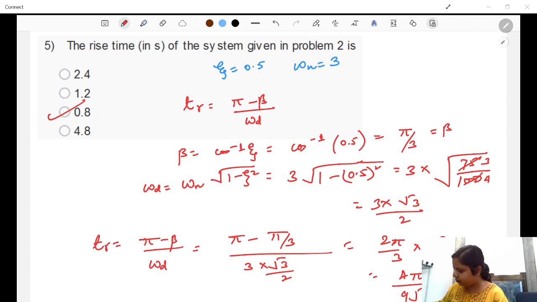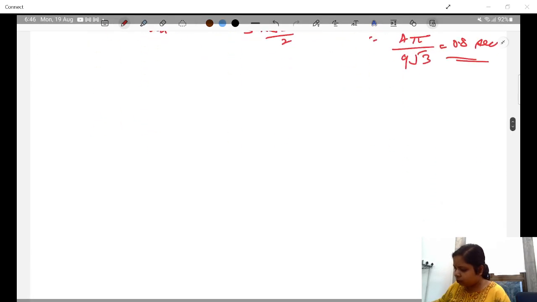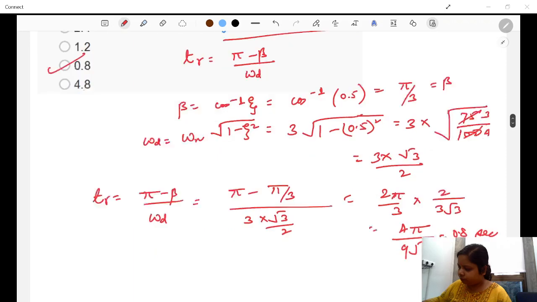Yeah, we have 0.8 here. Okay. So the rise time is 0.8 seconds. Okay. So yeah, we have found out the rise time. Similarly, we are going to solve for the other performance specifications also.